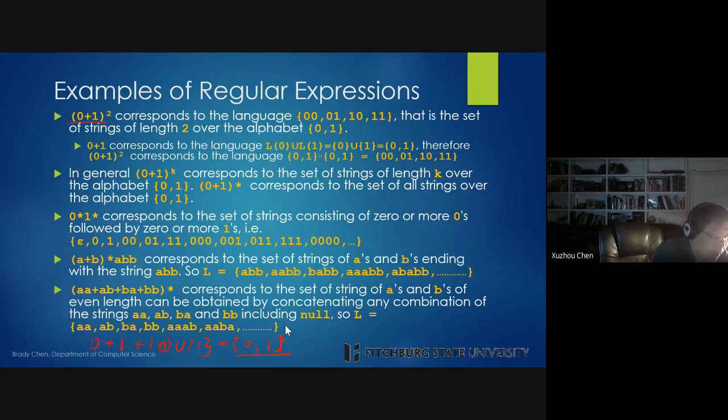So then, (0 plus 1) squared corresponds to the language 0 plus 1 concatenated with 0 plus 1. So it is the language which contains one element from the first language and one element from the second language.